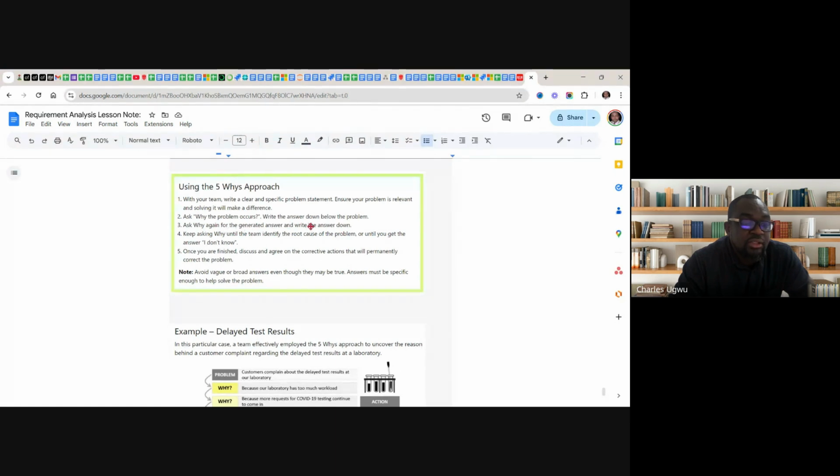Write answers down below the problem. Ask why again to generate answers, and write the answers down. Keep asking until the team identifies the root cause of the problem, or until you get the answer, I don't know. So you keep asking why until no more why.